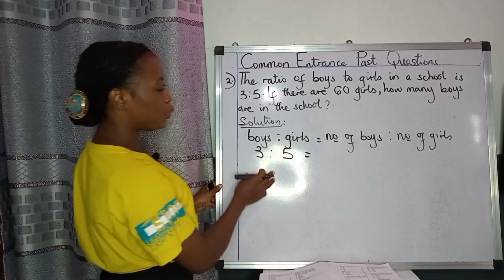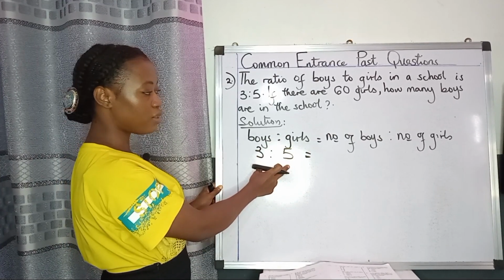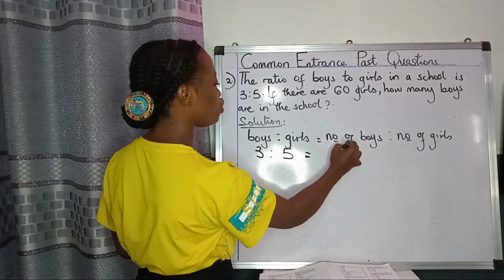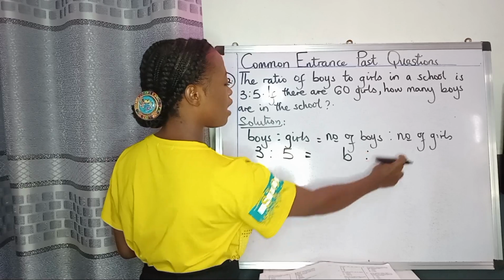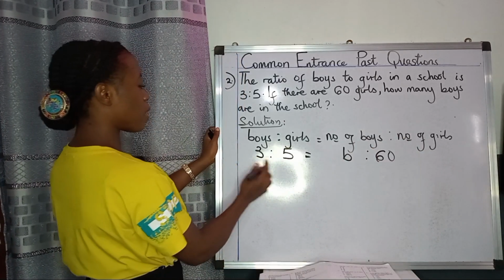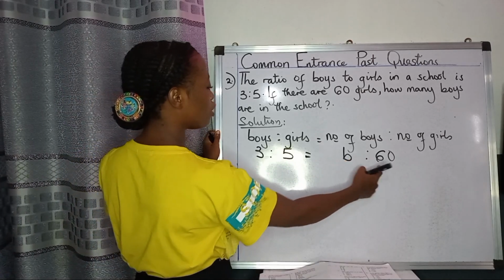All right? But in this case, I know the two ratios, but I don't know the number of boys. So I can decide to use B to represent the number of boys. And then number of girls, I have 60. Now, if you look at this, we are going to have 3:5 equal to B:60.